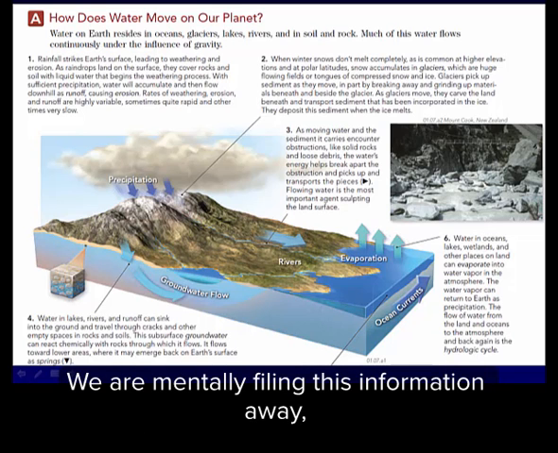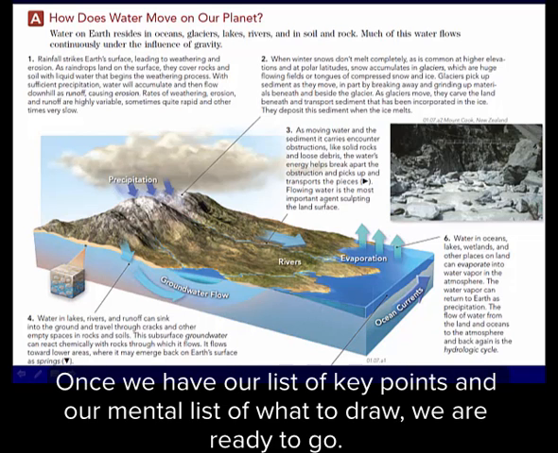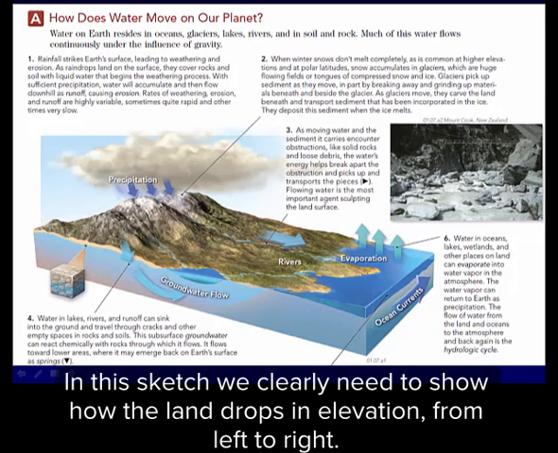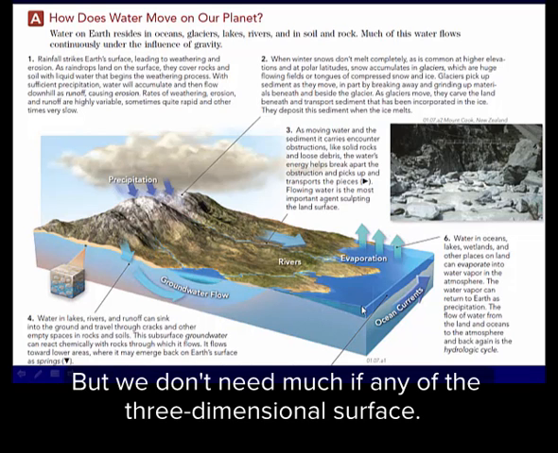We are mentally filing this information away so that we can figure out what to draw and what to leave out. Once we have our list of key points and our mental list of what to draw, we're ready to go. In this sketch, we clearly need to show how the land drops in elevation from left to right. But we don't need much, if any, of the three-dimensional surface.